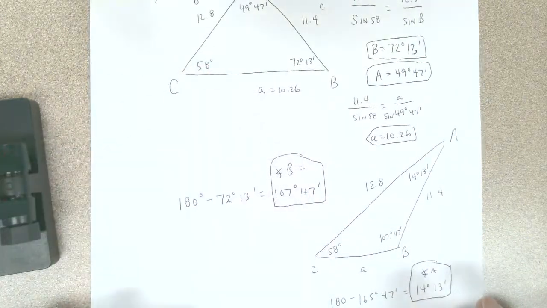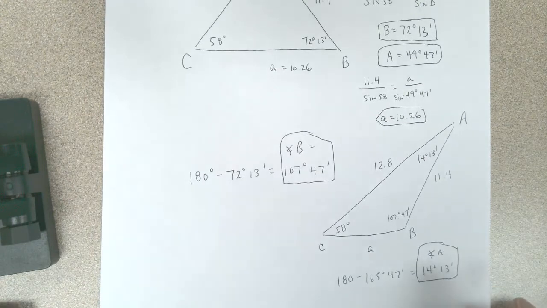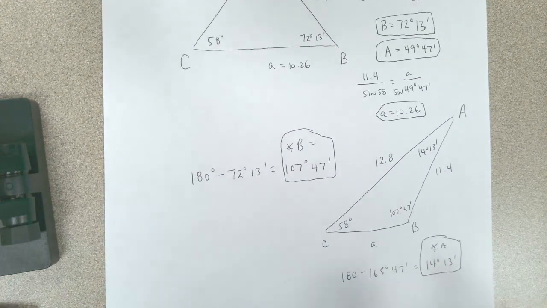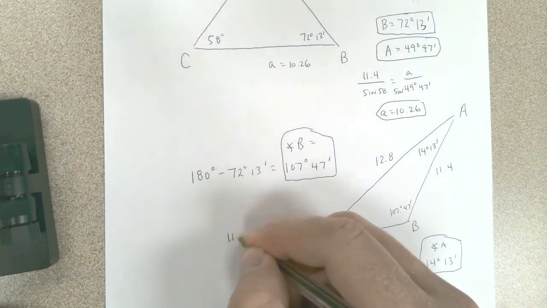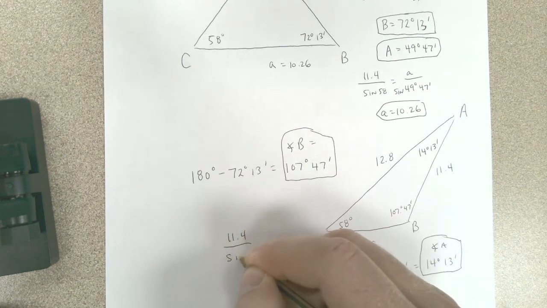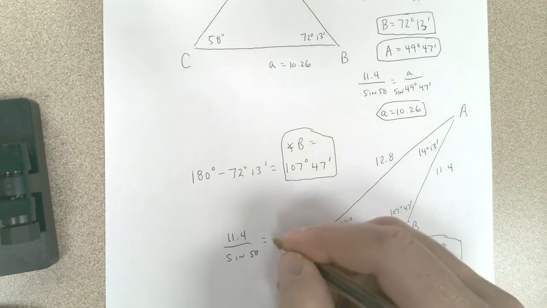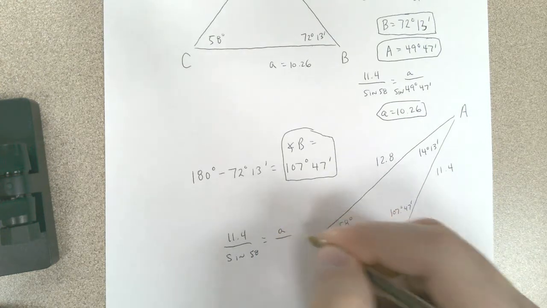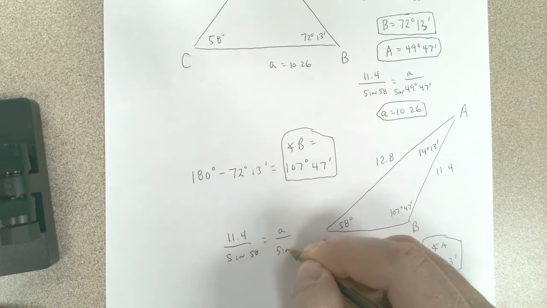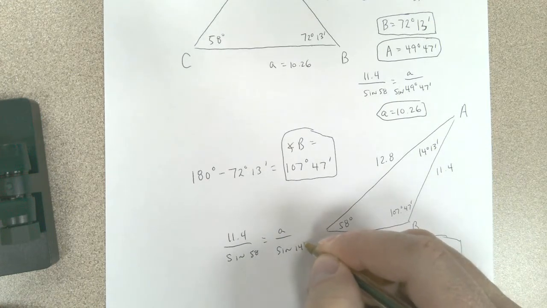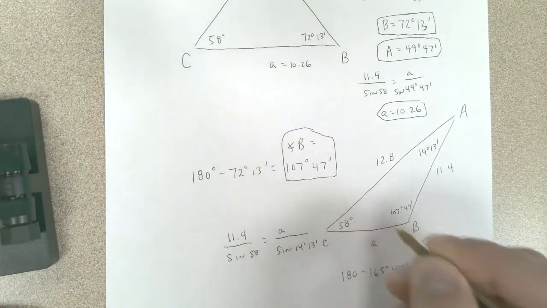Just to wrap that up, I still have to find my little a. So I can do 11.4 over the sine of 58 equals little a over the sine of 14 degrees, 13 minutes.